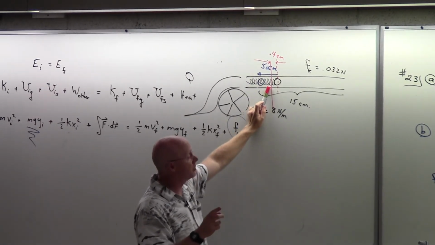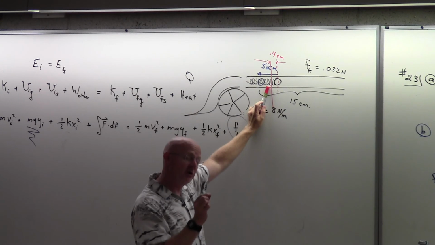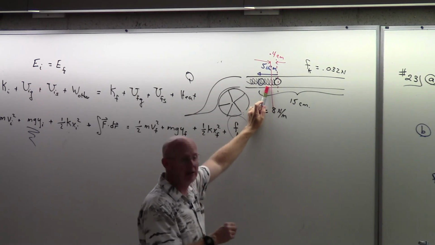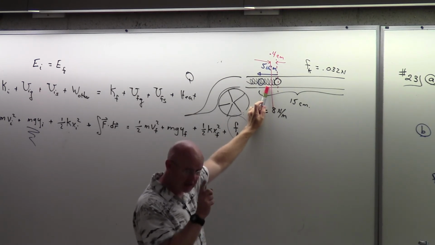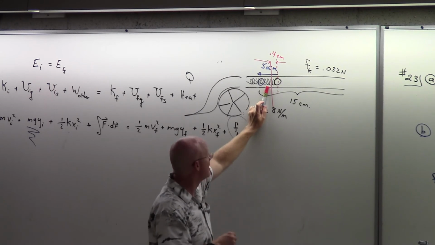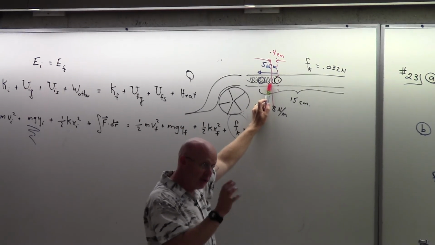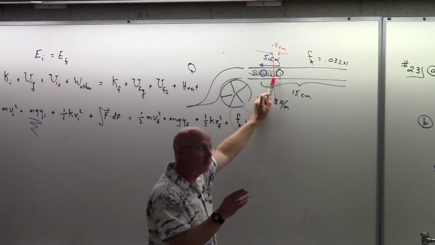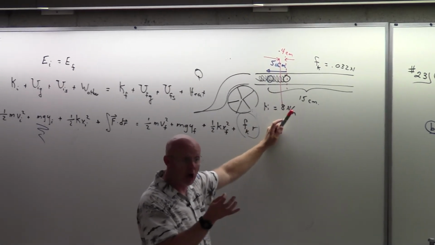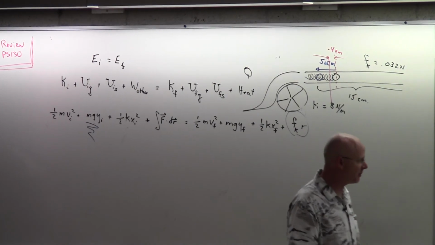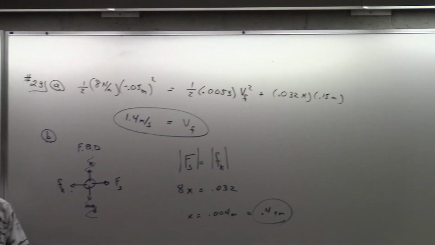As it's getting close, the force from the spring is just barely greater than the force of friction. But it still is, and it still goes just a hair faster. But when it gets right here, even though it's still in contact with the spring, and even though the spring is still pushing it, the spring's force has gone down so low that the force from the spring is now less than the force of friction.